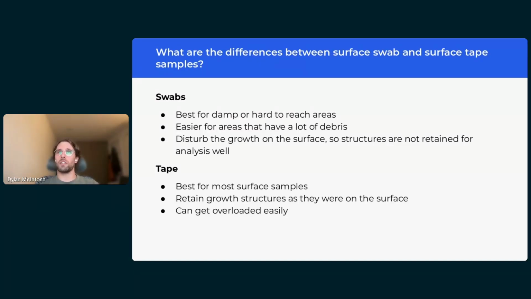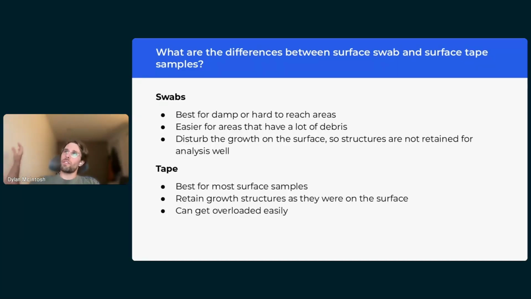What are the differences between the two different types of surface tests that we do? We analyze swabs and tape samples. My strong recommendation and my strong preference is, in most instances, a tape slide is preferable. The main reason is you get a better analysis with a tape sample or surface slide sample if you buy the prepared tape slides.